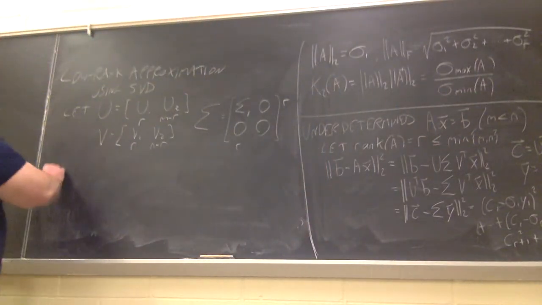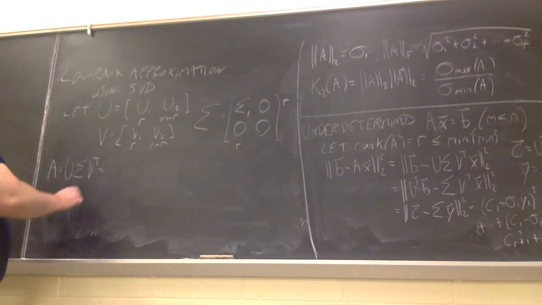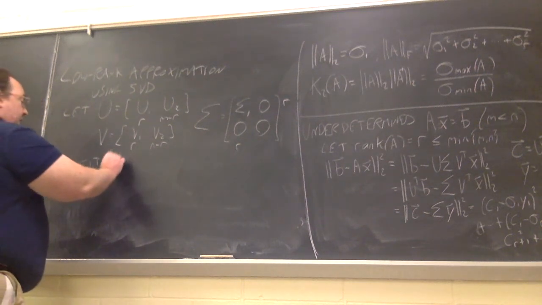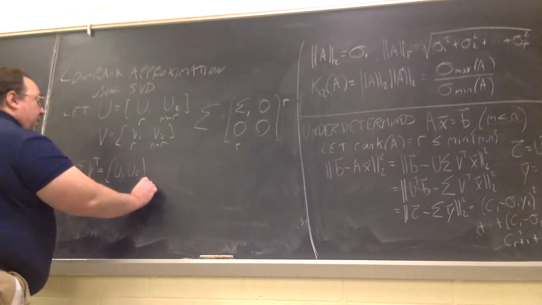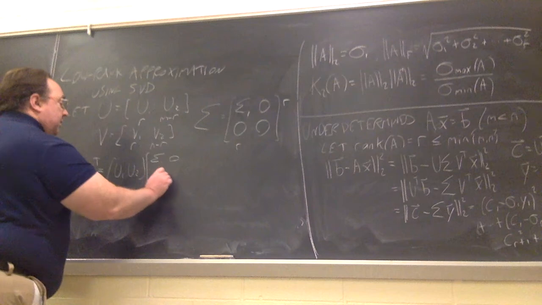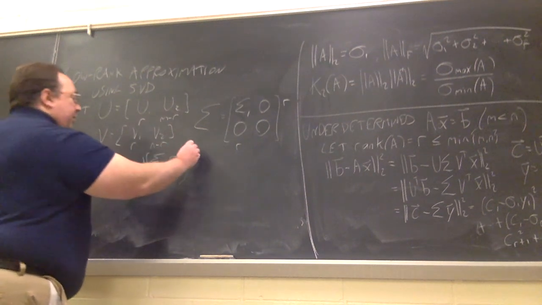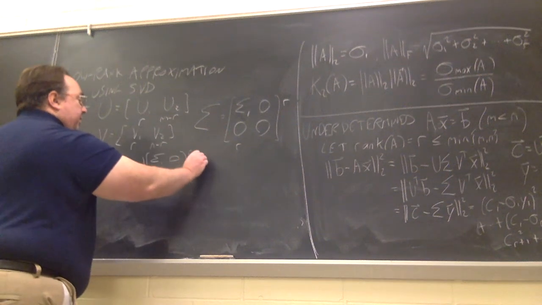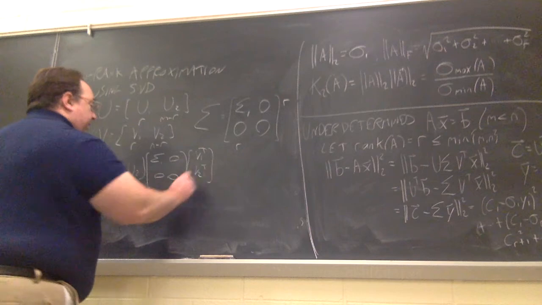So I can write out A, which is U sigma V transpose, and fill in my block structure. I have U1, U2, then sigma, and then V transpose. I have to transpose this, so I'll have V1 transpose and V2 transpose stacked on top of each other.